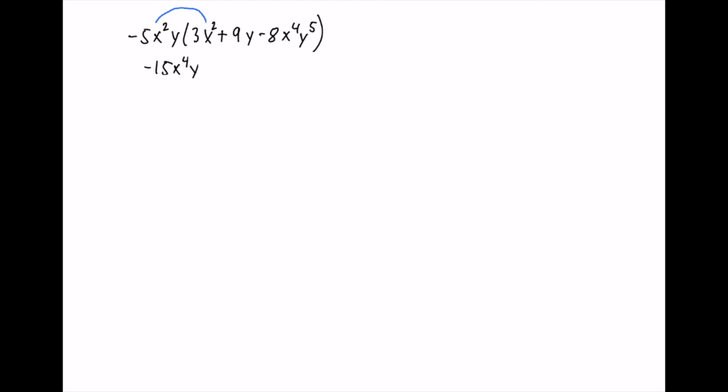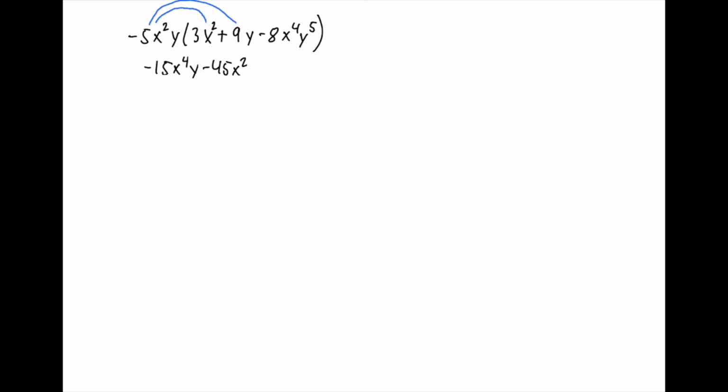Then we take this and multiply it by 9y. So negative 5 times 9 will give us a negative 45. And then x squared here, but no x's here, so the x squared stays there.